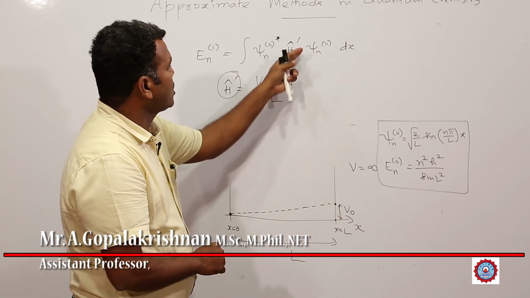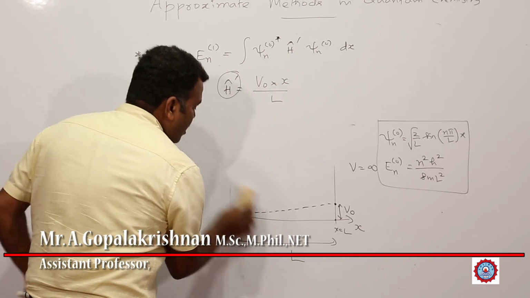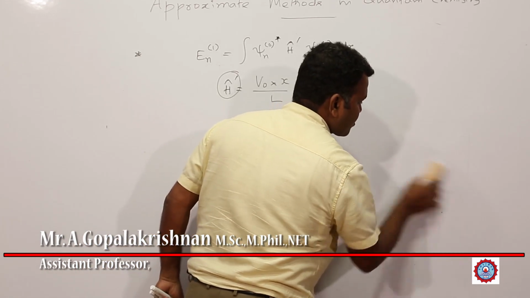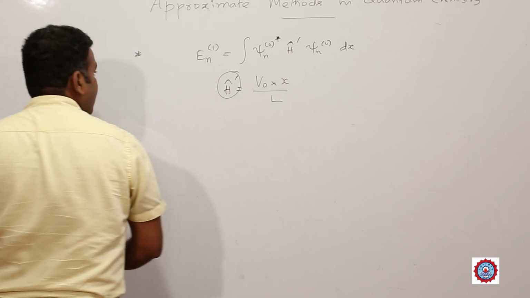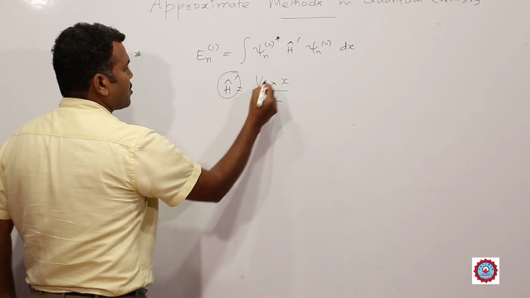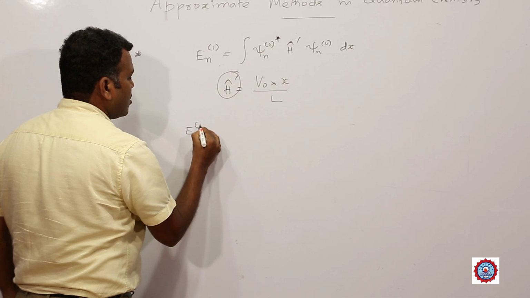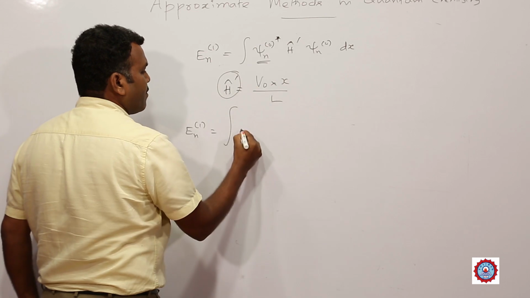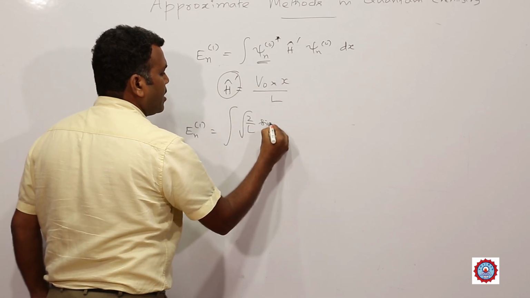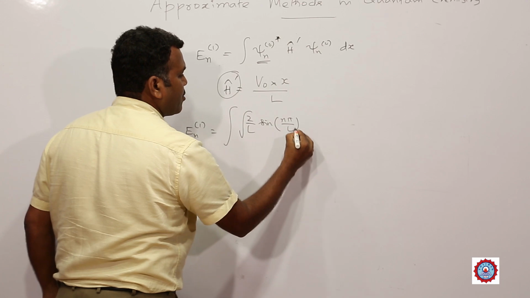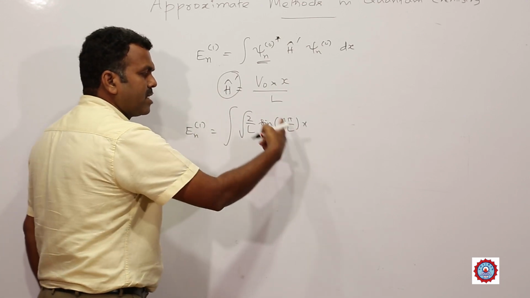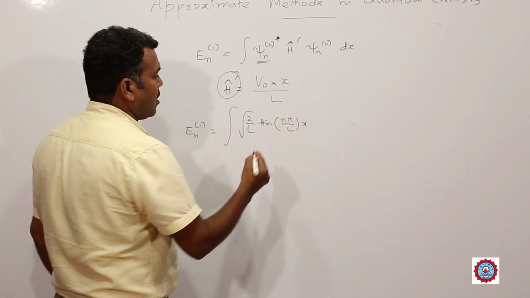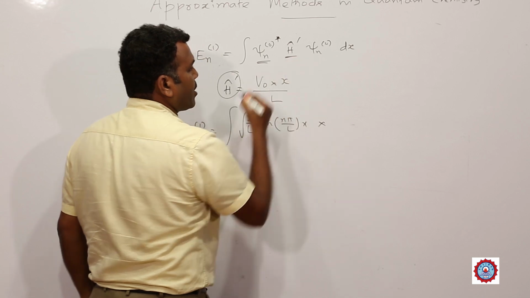Now, if I substitute this here and calculate, I am not going to do the mathematical simplification here. Instead, I will give you the final result. I will just show you how to substitute. For the nth state, the wave function is square root of 2 by L sin n pi by L into x. Since there is no imaginary term, psi star and psi are one and the same, into the perturbation operator.